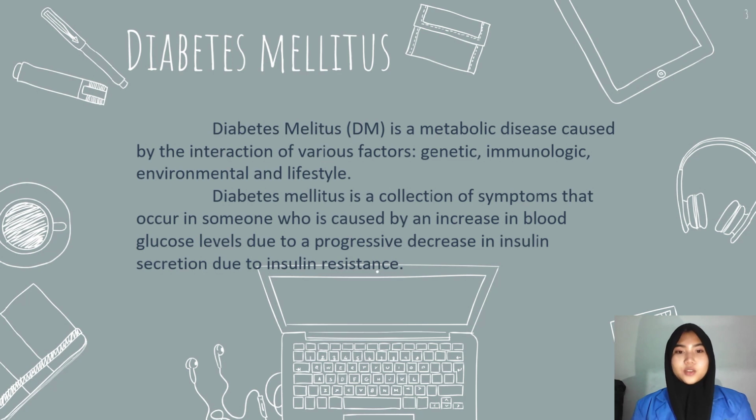Diabetes mellitus. Diabetes mellitus is a metabolic disease caused by the interaction of various factors: genetic, immunologic, environmental, and lifestyle. Diabetes mellitus is a collection of symptoms that occur in someone, caused by an increase in blood glucose levels due to a progressive decrease in insulin secretion due to insulin resistance.